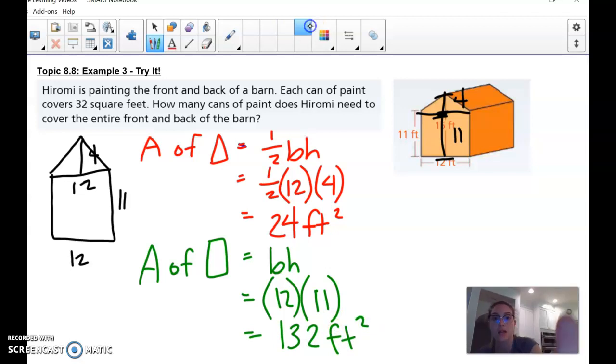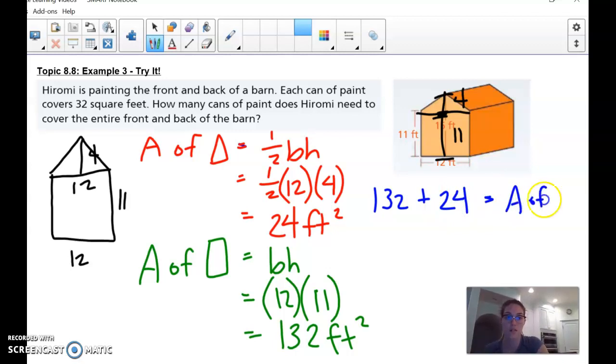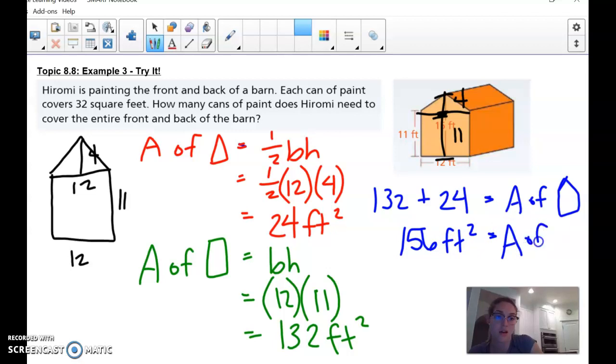So lastly, I need to add 132, which is the rectangle, plus 24 is equal to the area of the whole pentagon, right? So 132 plus 24 is going to be equal to 156 feet squared is equal to the area of the pentagon.